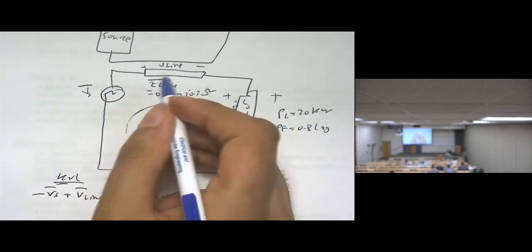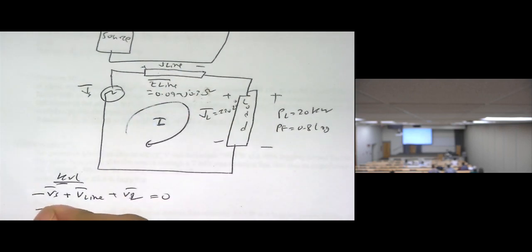What's V line? It is I times Z. So V source will be V line plus V load, which is I times Z line plus V load. Right?